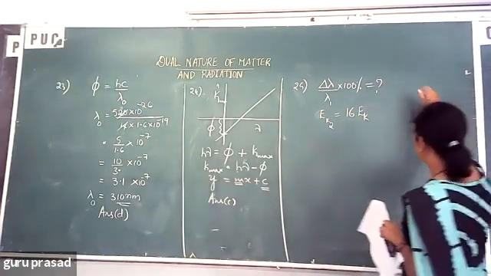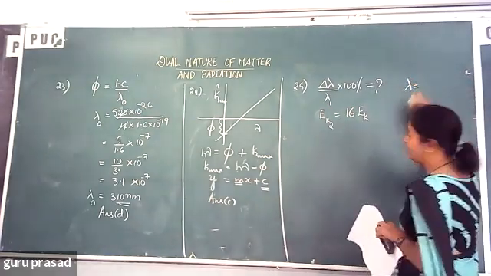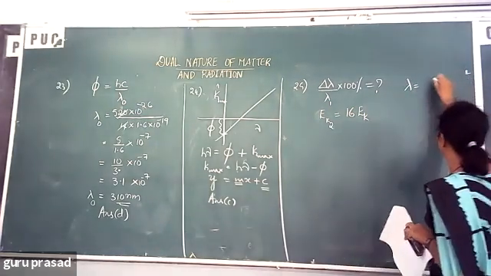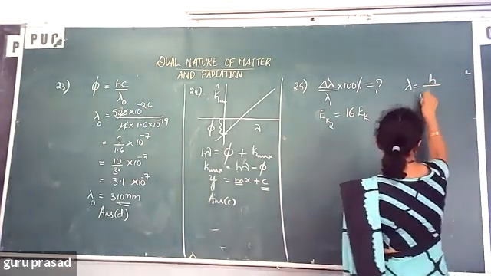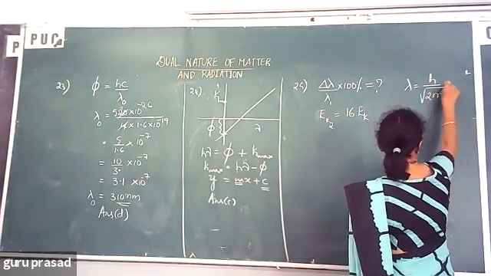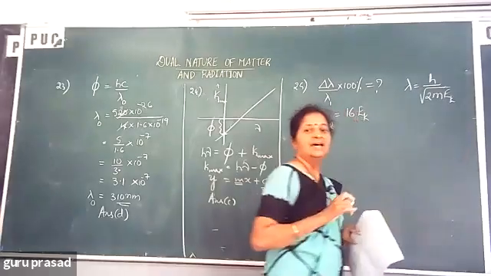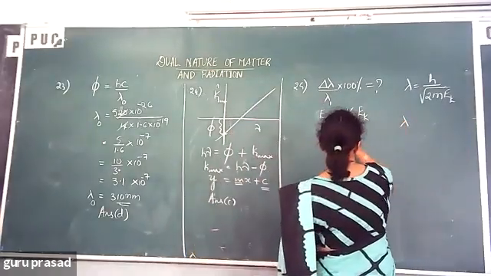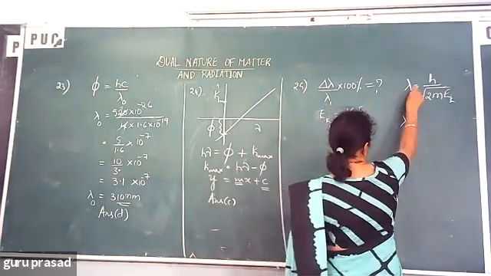We know the equation for de Broglie wavelength in terms of kinetic energy: lambda is equal to h by square root of 2m Ek. This is lambda 1.